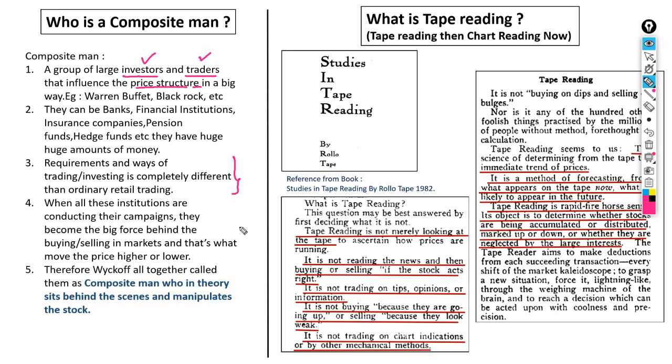Composite man who sits behind the scenes and manipulates the stock. So it is just a theoretical term derived by him, and what he basically means is the big players who have a huge amount of money, who have the ability to move the prices higher or lower, are termed a composite man, or a composite operator.